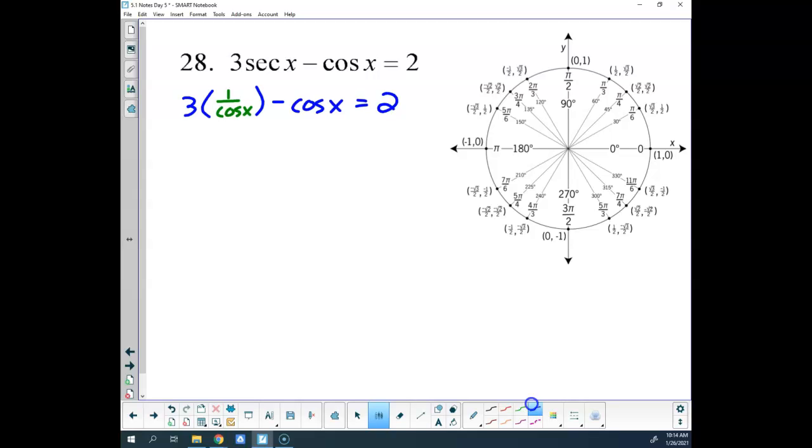Okay? So this first term is really 3 over cosine minus cosine.